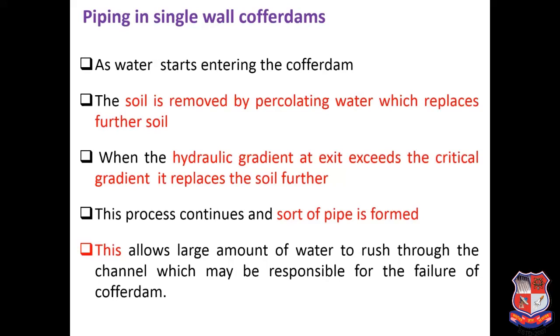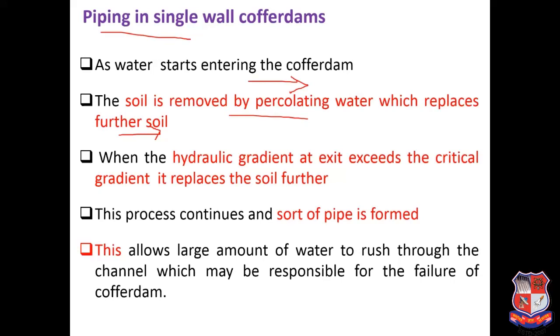Now, one phenomenon which is called piping in single wall cofferdam. So, as water starts entering the cofferdam, the soil is removed by percolating water which replaces the further soil. एक बार अगर पानी आना स्टार्ट हो गया तो फर्दर सॉइल को रिमूव करना स्टार्ट करेगा, and that will be a dangerous condition.